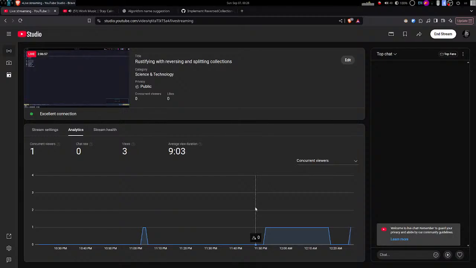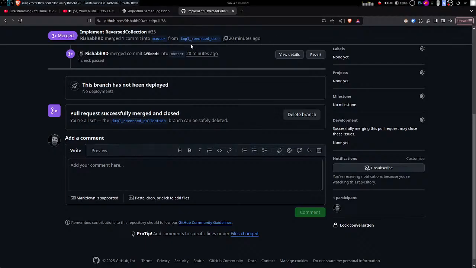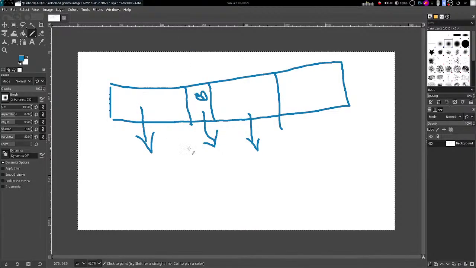Split iterators, I think I could not implement. That was a problem. But let's see. Should I try? It's a big story for the time being, right? A split iterator, like you go and implement this one. I don't know.